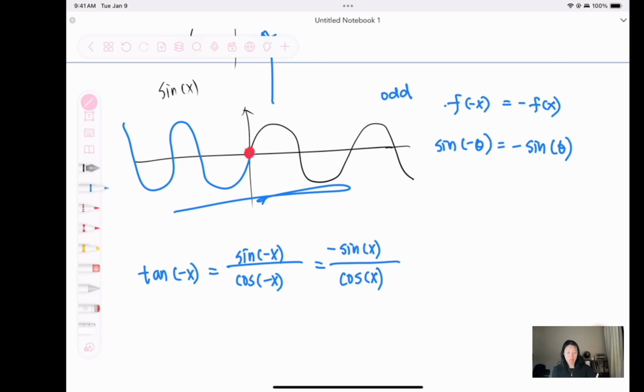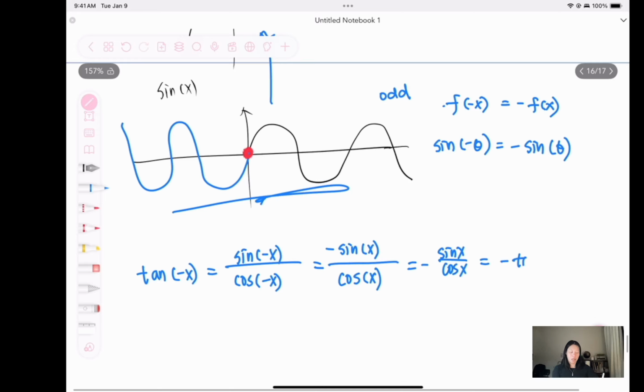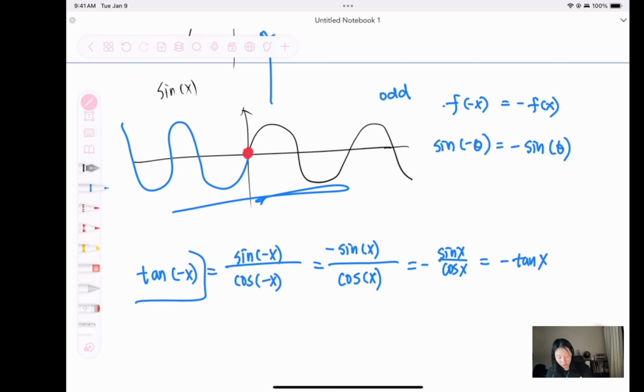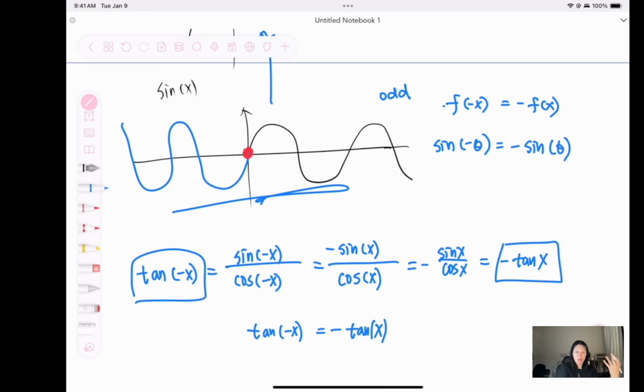One positive, one negative gives us a negative. I can pull the negative out. So I got negative sine x over cosine x. And this is tangent x. So together, this is an odd function because tangent negative x equals negative tangent x, or theta or y, whatever variable you want to use, that's okay.